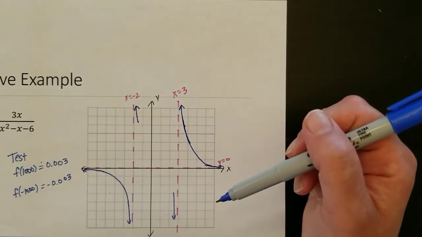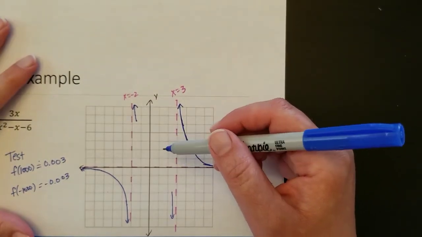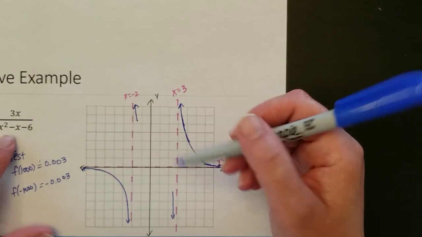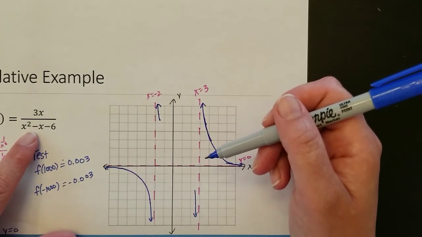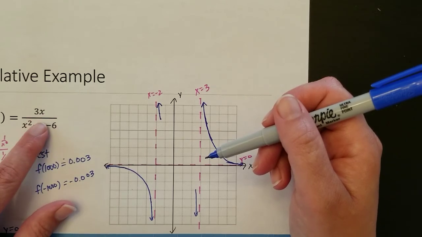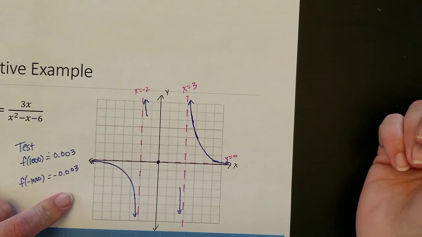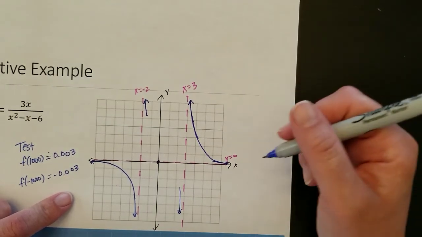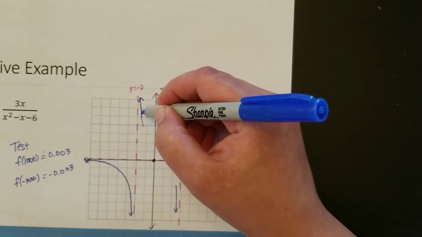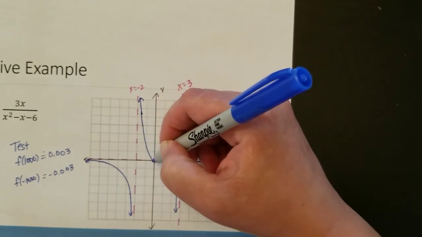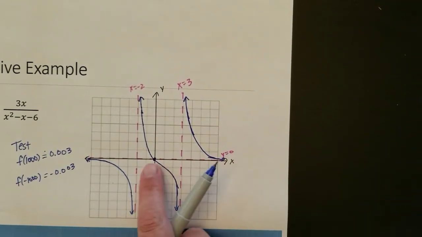It can cross it, actually even a bunch of times. So one thing that we could find from here is, if we just wanted to check the y-intercept, if we put in x equals 0, we're going to get a 0. So I know that that point there is my intercept. That can give you a little bit of easy guidance in terms of how to graph this. So I'm going to bring this function down through here and go down that way. So don't get hung up on not wanting to cross.